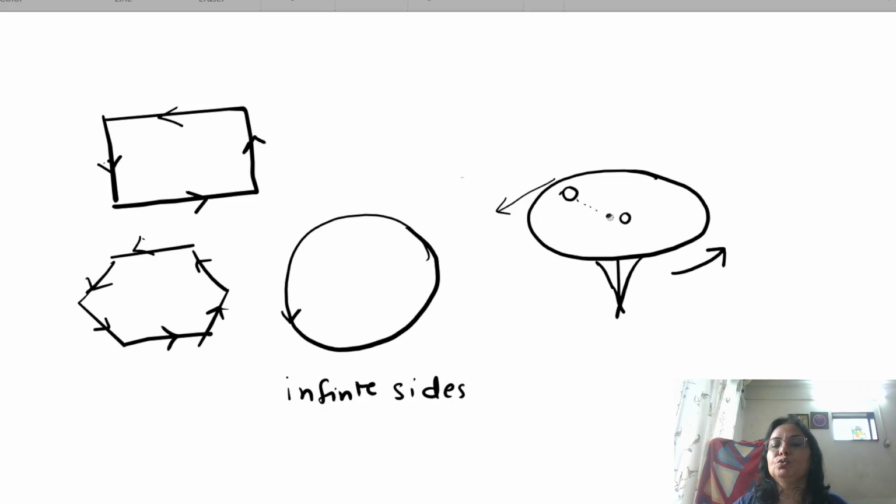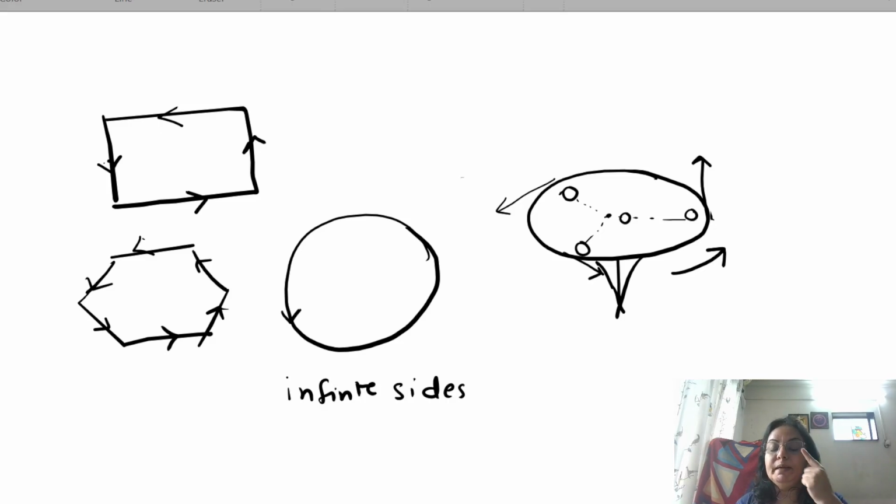This is point O. If I keep the coin here, then the coin will be thrown in this direction. If I keep the coin here, then the coin will be thrown in this direction.